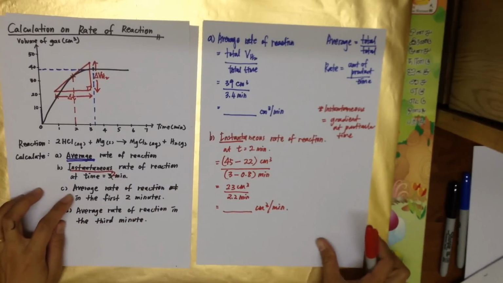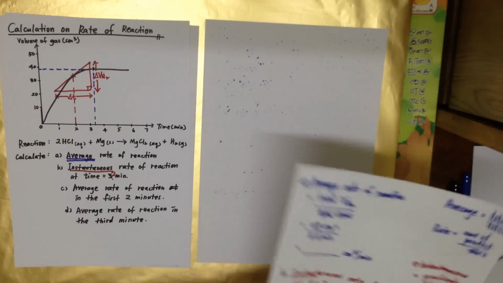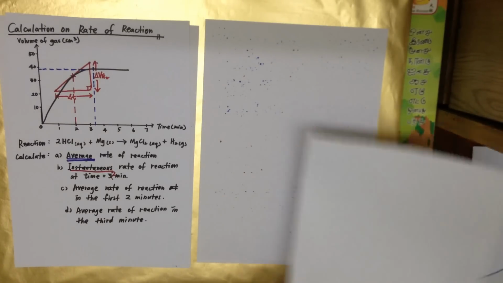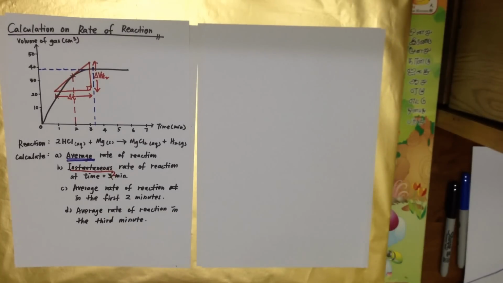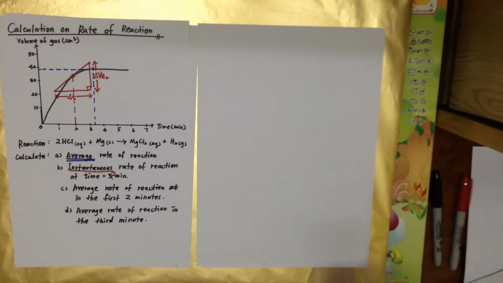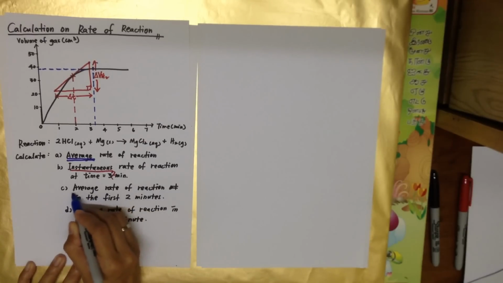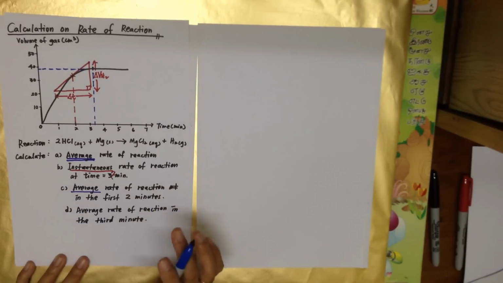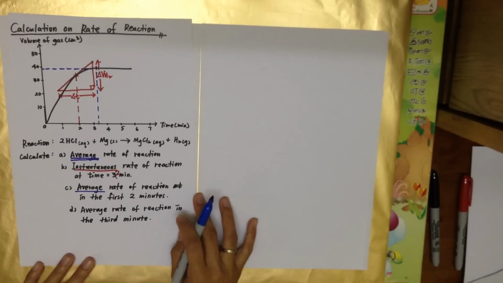Next we go to C, in which we are asked to find the average rate of reaction in the first 2 minutes. What is a key point here is we are asked to find the average rate, not instantaneous rate, and hence no gradient is required.